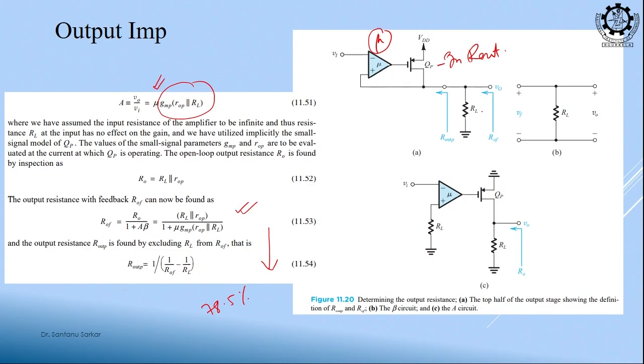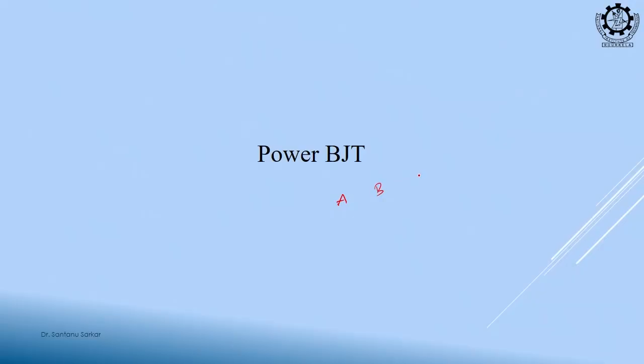So, if we discuss so far class A, B and AB in terms of efficiency, what is the maximum efficiency possible in class A? 25%.